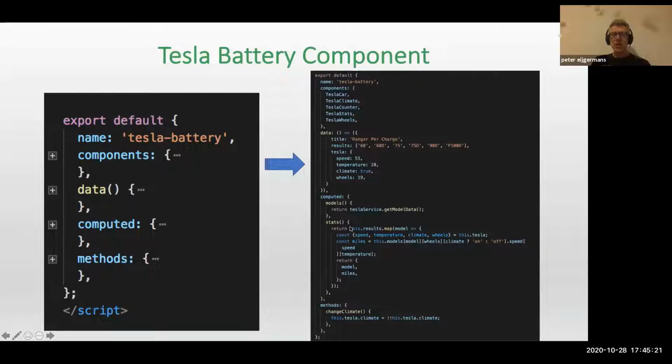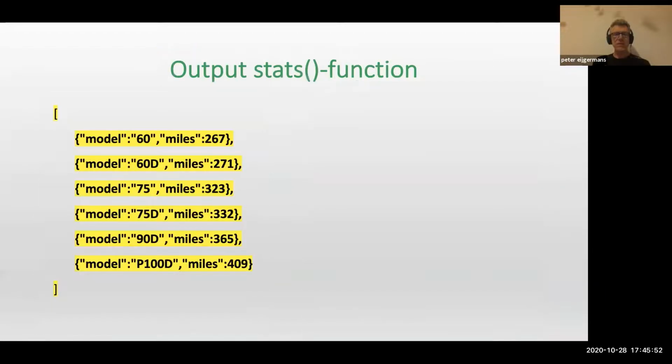And the stats function will calculate for you how far a model can drive under different circumstances. So that can be different speed, different temperature, climate. And in the methods section, I define normal callback methods to change the climate button from on to off, or vice versa.